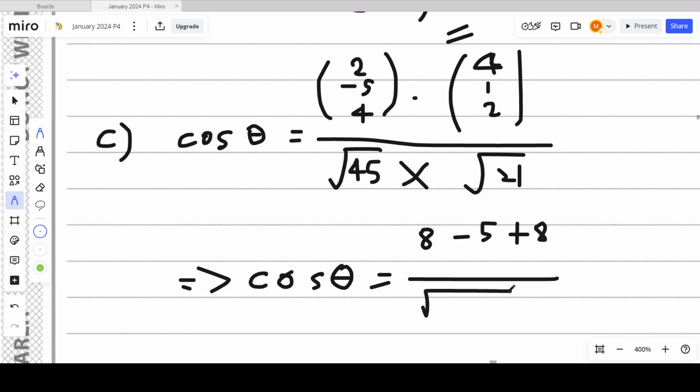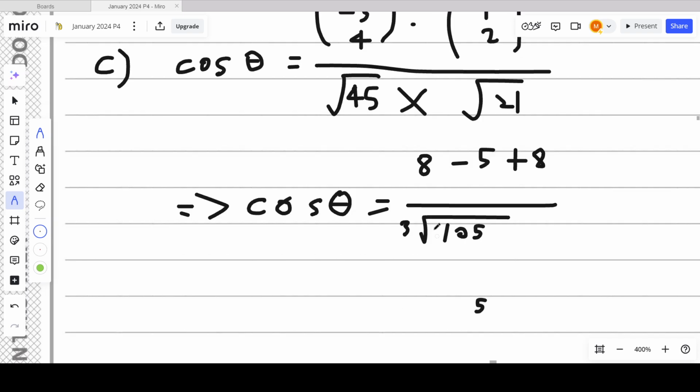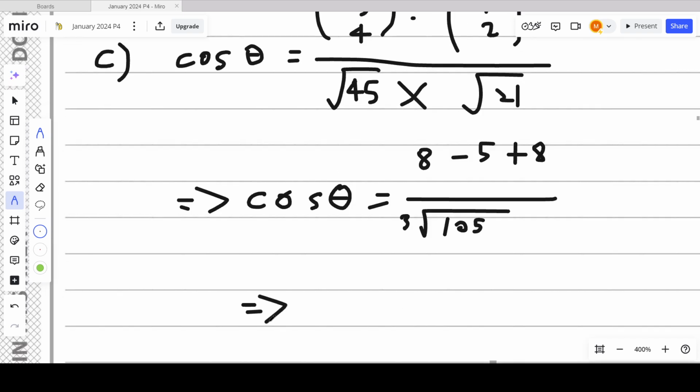This is basically 3 square root of 105. Now just make theta the subject and use your calculator to find the acute angle. So cos inverse of -5 over 3 square root of 105, this is basically 99.3607, like that.